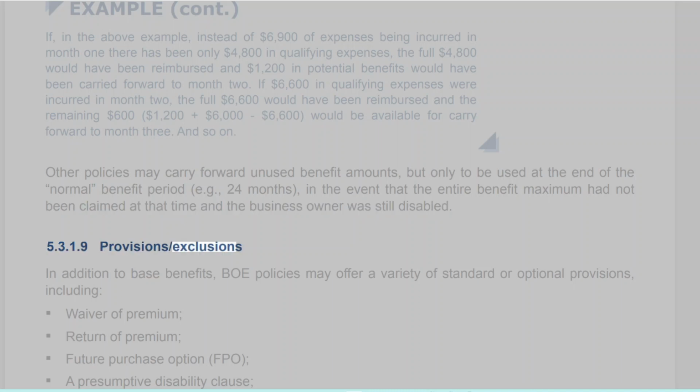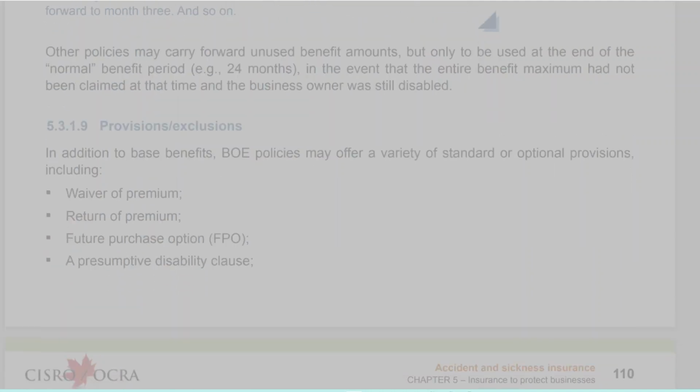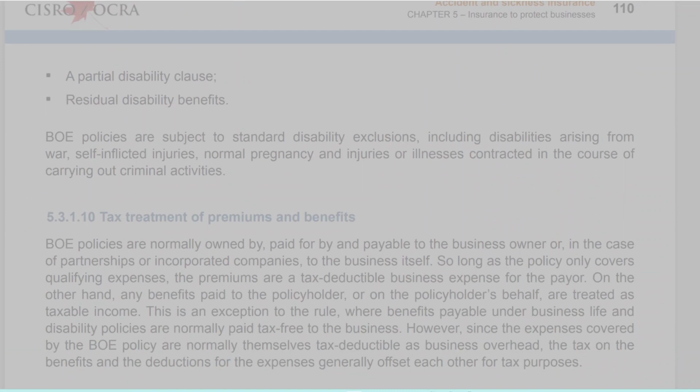5.3.1.9 Provisions and exclusions. In addition to base benefits, BOE policies may offer a variety of standard or optional provisions, including: Waiver of Premium, Return of Premium, Future Purchase Option (FPO), a Presumptive Disability Clause, a Partial Disability Clause, and Residual Disability Benefits.